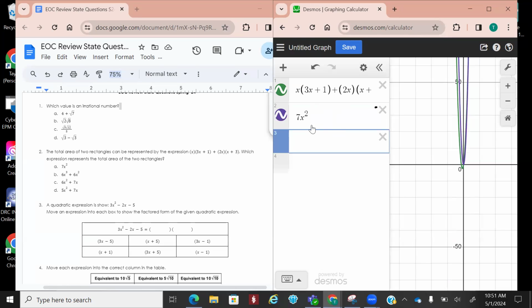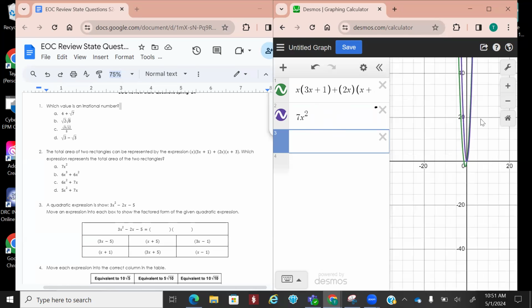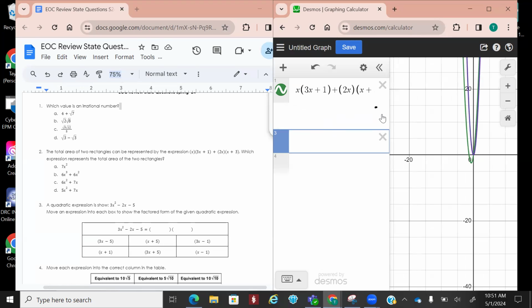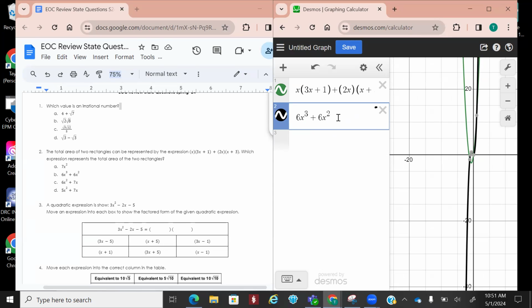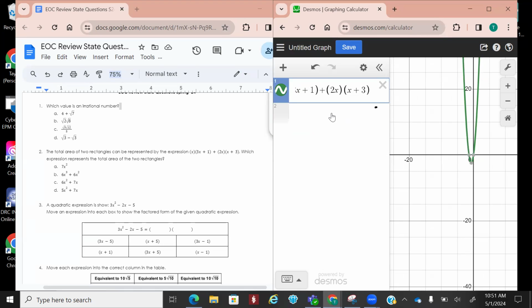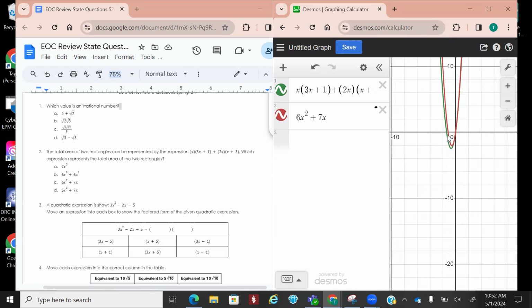You notice how this line is not the same as the green line? So that's not the answer. I'm going to type the next one in. Are those the same? No. I'm going to try to show you all the questions that are similar to this. This is almost the same.